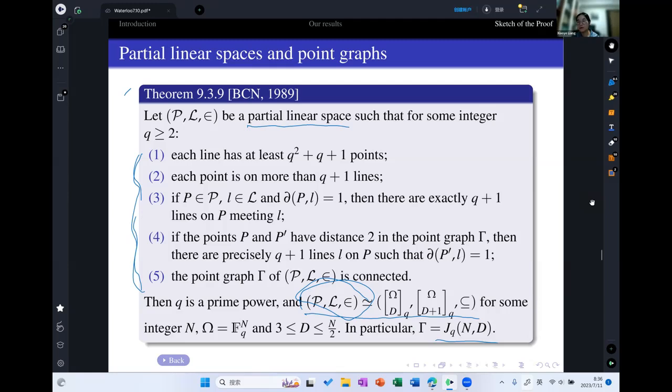So it may be difficult to classify them. So usually we consider the diameter large enough. So we don't know about the case where the diameter is small. Yeah, we haven't considered it.